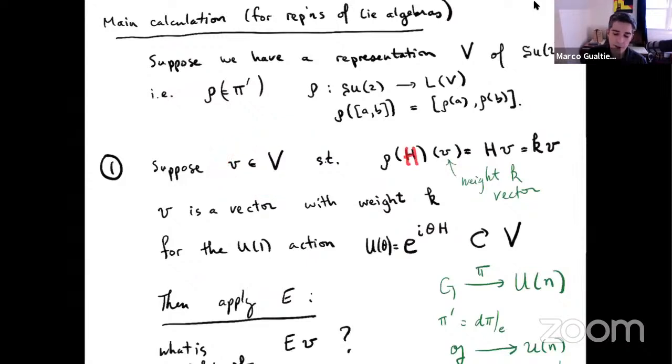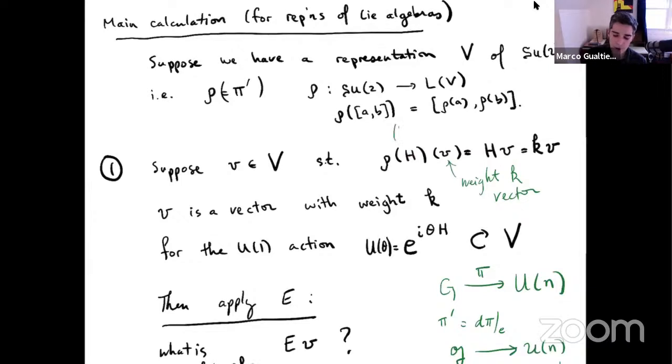This element of the SU2 Lie algebra is going to be represented as a big n by n matrix, which will have vectors of different weights, because it generates one of these U1 actions, and that U1 action will have potentially many weights.